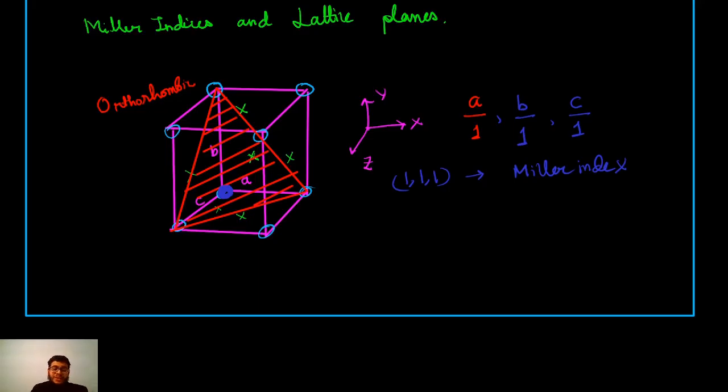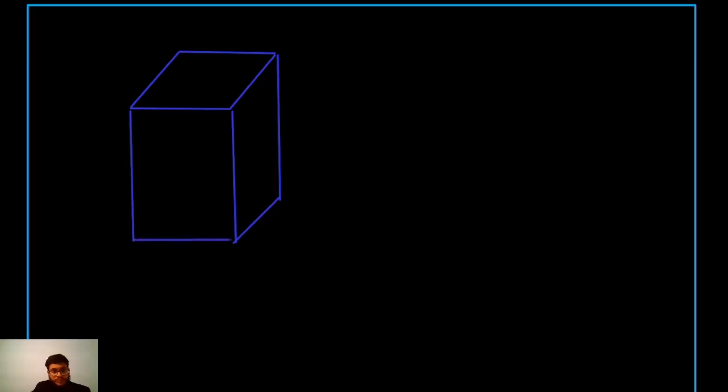Okay, so that is something, and now we can see more examples. Let us get a little bit familiar with what we are doing here. Okay, so this is another orthorhombic cell, and I'm going to draw another plane which looks like this.